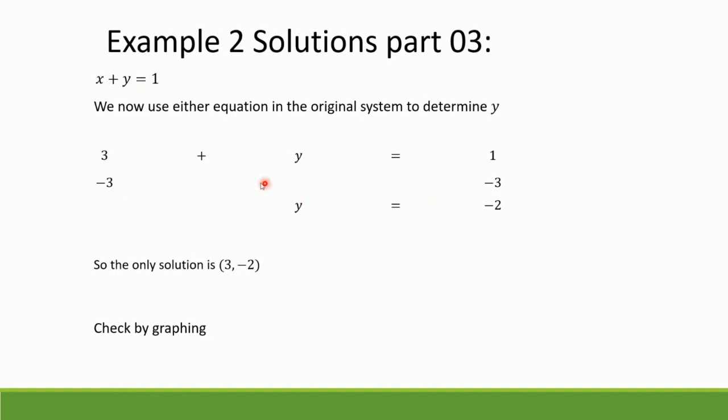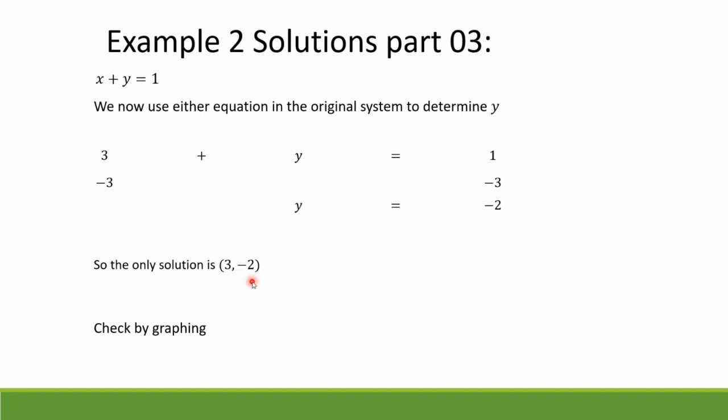Again, you want to get y all alone. So this is after replacing x by 3. You subtract 3 from both sides, you get y equals negative 2. And of course, that tells us the only solution is 3, negative 2. So that's the only solution.